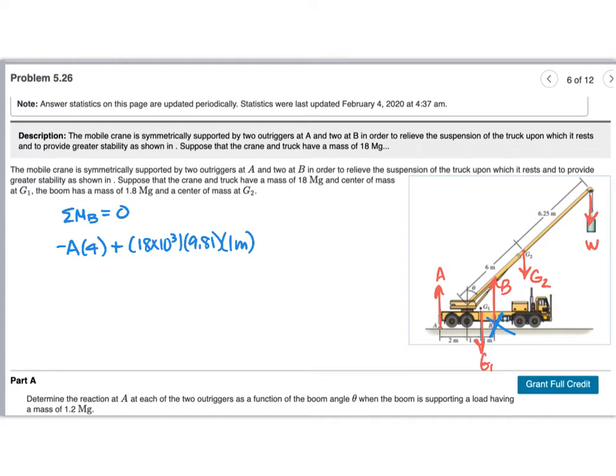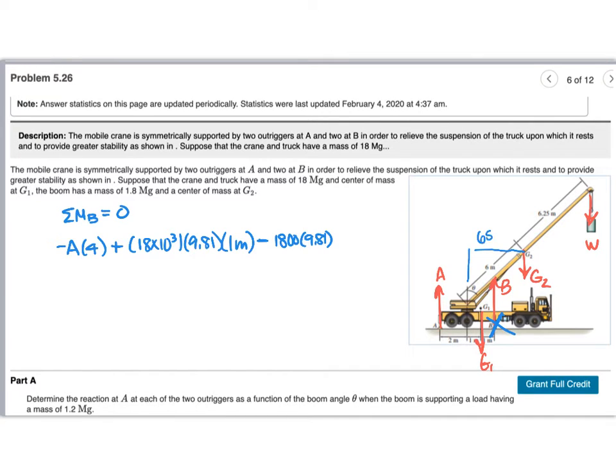That's the moment due to G1. Then when I get to G2, that's going to cause clockwise rotation, so that's 1800 times 9.81.